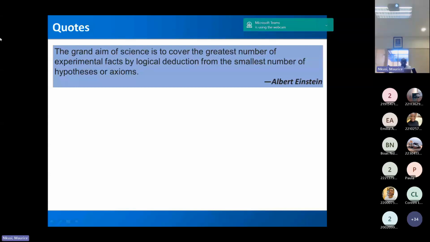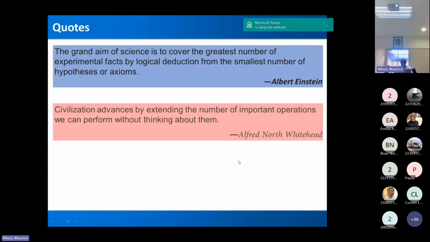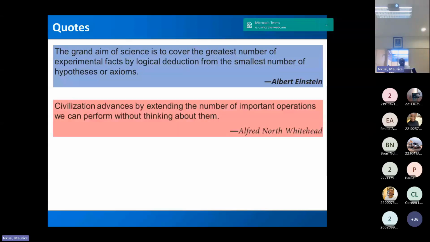Another very important quote that I would like to share with you is: civilization advances by extending the number of important operations we can perform without thinking about them. So as professionals, as students, it will reach a point where you are using things as routine because you are used to it.